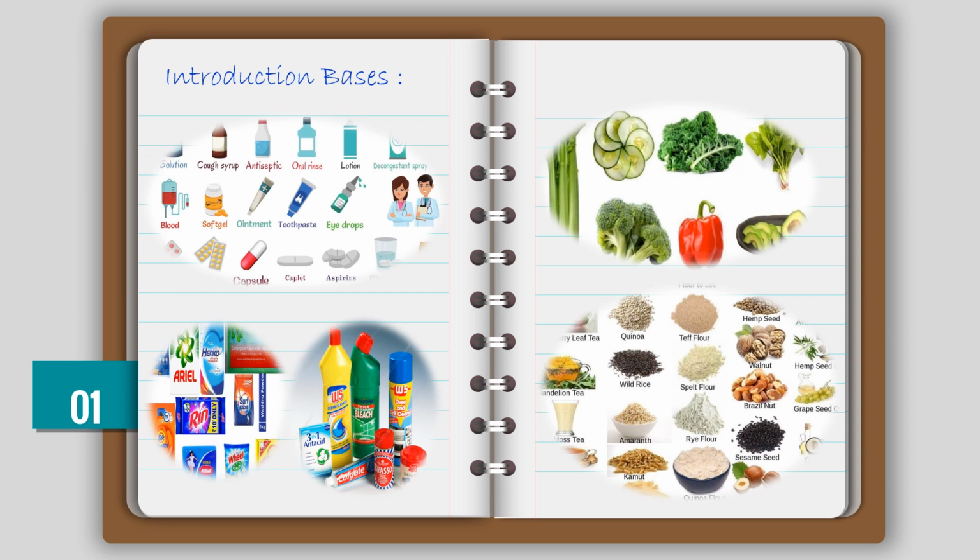We use baking powder and baking soda, and we use various types of food such as wheat flour, fruits and nuts. Those are bases. All the green leafy vegetables which we use are bases. Why? We will study in the next part.